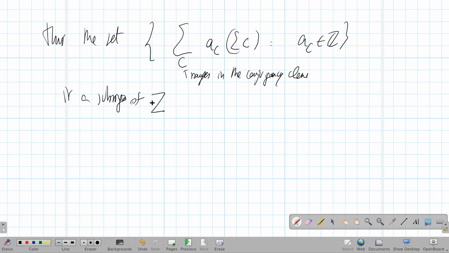say of the center of this. But why the center? Because the center is a commutative ring with unity of characteristic 0.